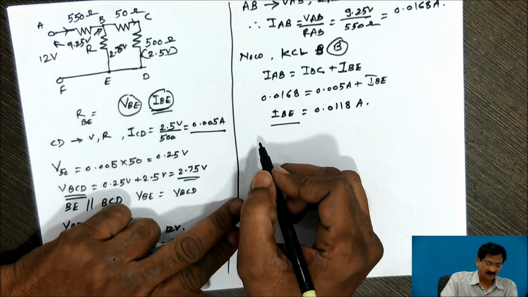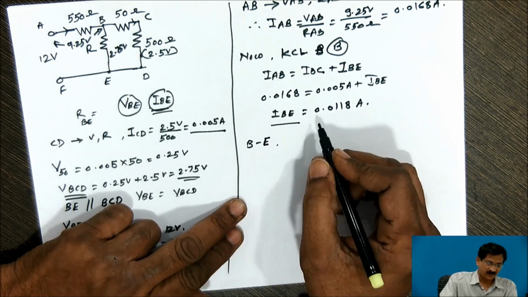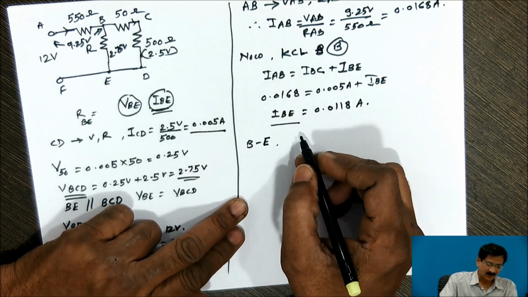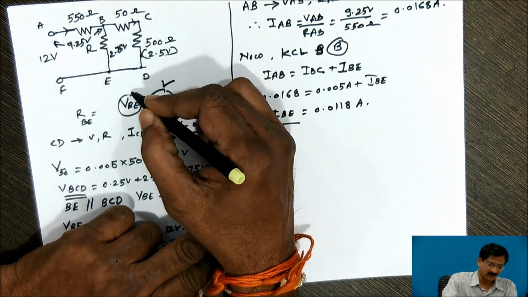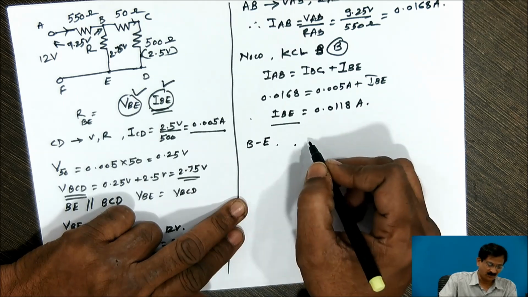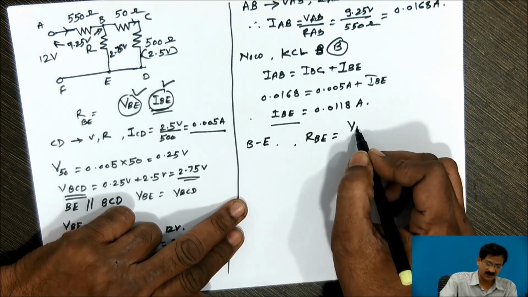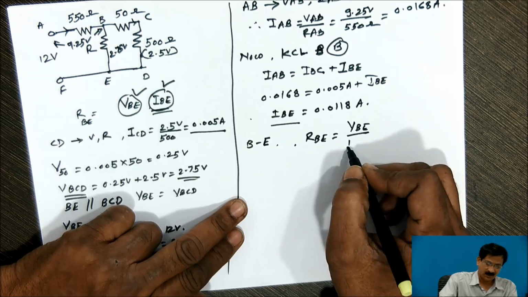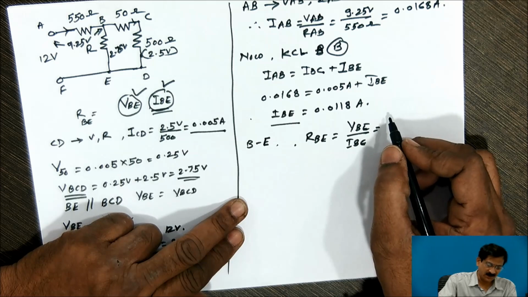Now coming back to the branch BE, here we know two parameters. One is IBE and VBE. Now I can find out the RBE. Value of RBE, I will write as VBE upon IBE, and it comes out to be, VBE is how much?